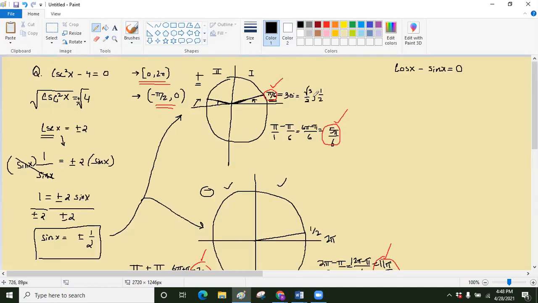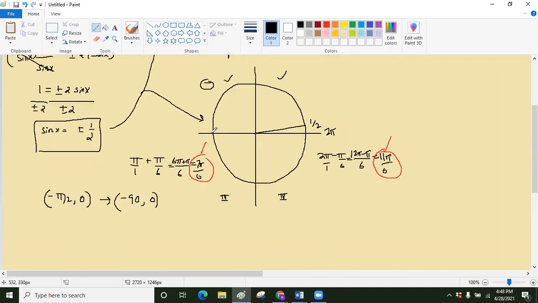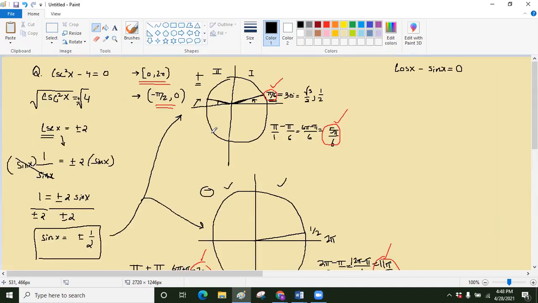While these would all be solutions on the interval 0 to 2 pi, they would not be solutions on the interval negative pi over 2 to 0, from negative 90 to 0, because none of these angles are negative.